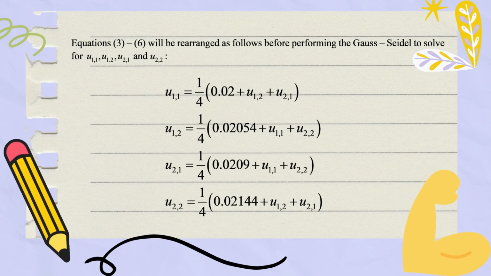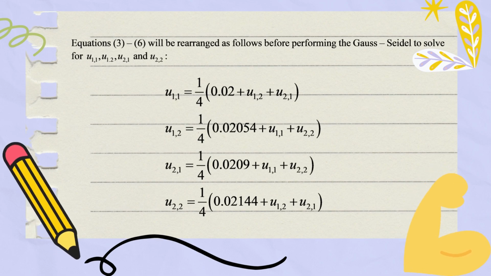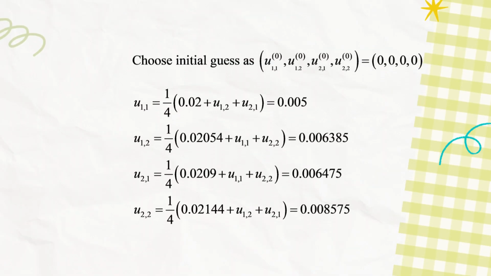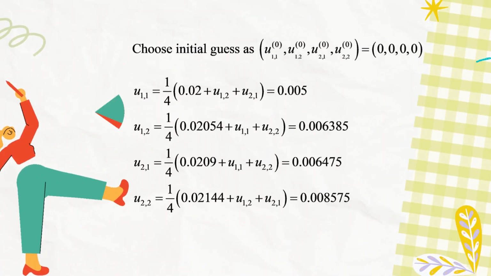The equations will be rearranged as follows before performing the Gauss Seidel to solve for u11, u12, u21, and u22. For the Gauss Seidel method, we choose the initial guess to be 0.